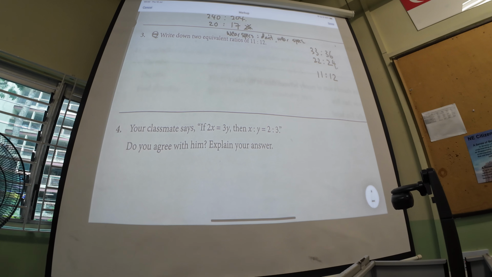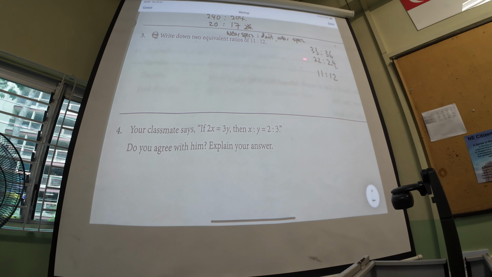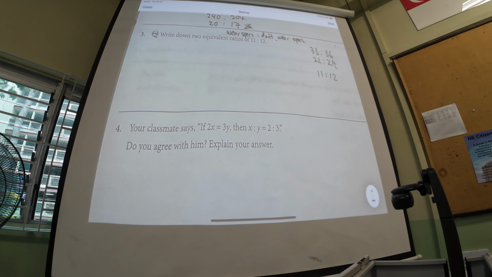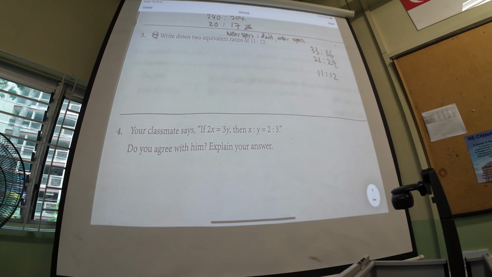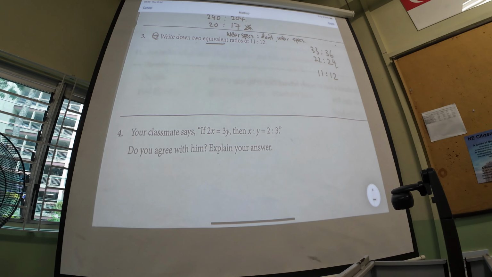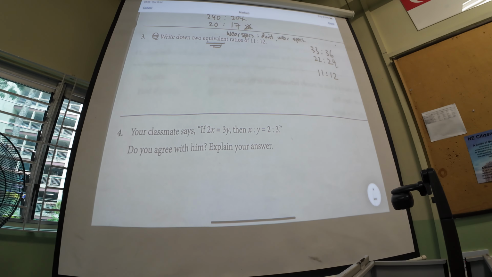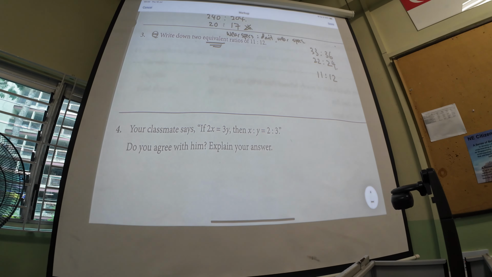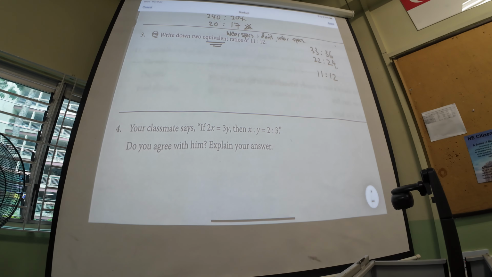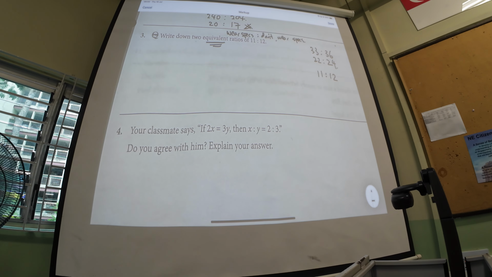Okay? So, all these ratios, 33 is to 36, 22 is to 24, 11 is to 12, are called equivalent ratios. Meaning, they tell the same story. They tell you the same proportion. Okay? So this is the meaning of equivalent ratio.